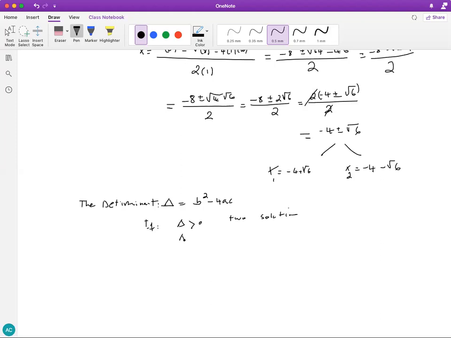If delta turns out to be negative, meaning less than 0, then you have no solution. And finally, if you evaluate a delta and it turns out to be 0, then you have exactly one solution.